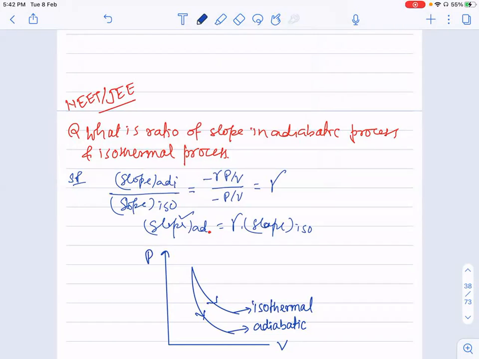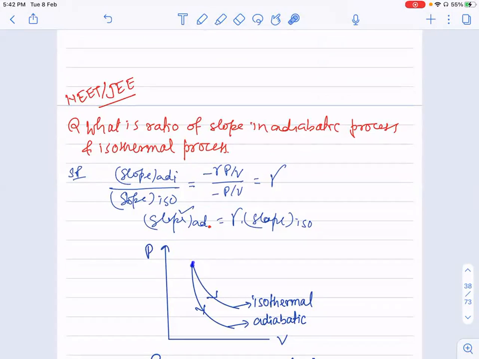One more point: if you remember, the area under the PV graph gives the work done. So the area of isothermal will be more, and the area of adiabatic will be less, so work done will be less in the adiabatic process as compared to the isothermal process, for the same change of volume, V1 here and V2 here. Area gives the work done. Let's see a question based on that: which process will have maximum work done, isobaric, isothermal or adiabatic?